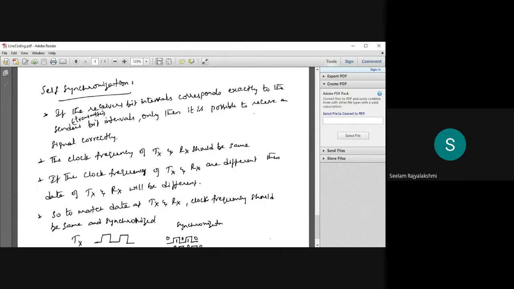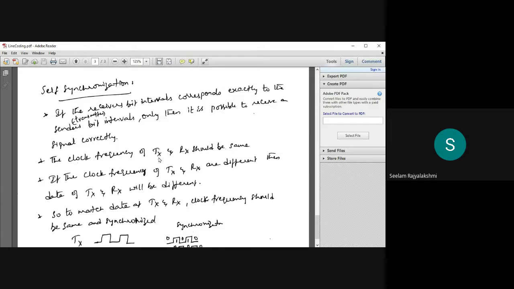Here the main components are the receiver and the transmitter. If the receiver's bit intervals correspond exactly to the transmitter's bit intervals, only then is it possible to receive the signal correctly. Otherwise, if the transmitter sends one data and the receiver expects another, it is not possible to receive the correct signal. So the receiving bit intervals should equal the transmitter bit intervals.